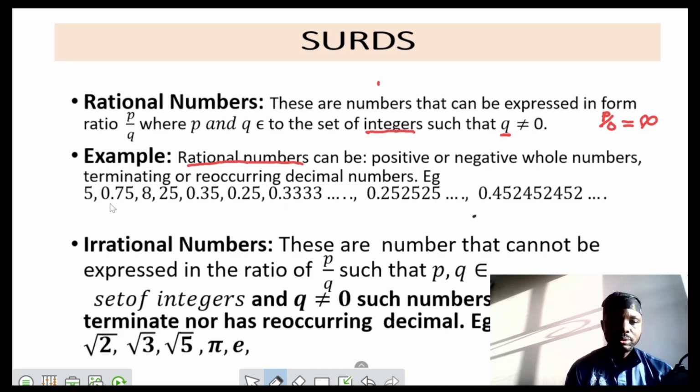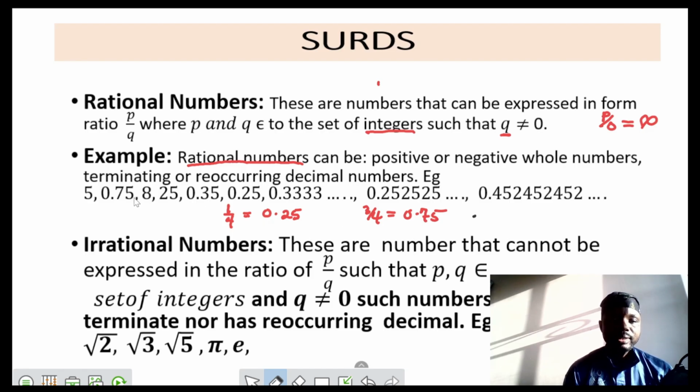For example, if I have 1 over 4, it's a fraction and the decimal terminates, which is 0.25. 3 over 4 is also 0.75. You see, the digits terminate, it has an end.